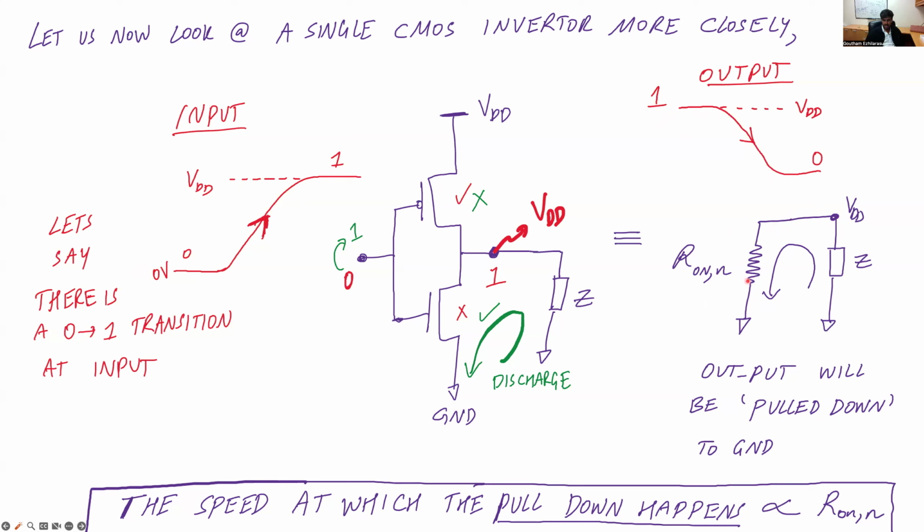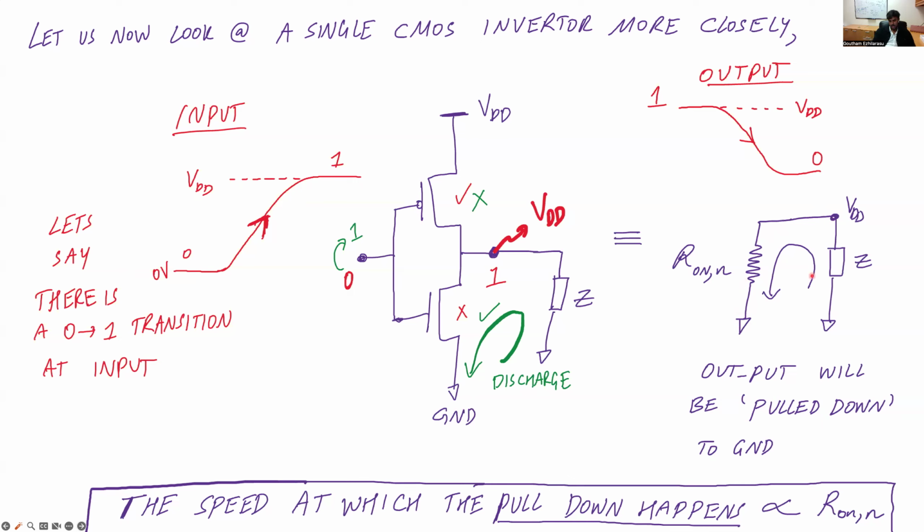Because this discharge of the voltage happens through this resistor, this process of connecting the VDD node all the way to ground is often called pull down, because the node is being pulled down to ground.